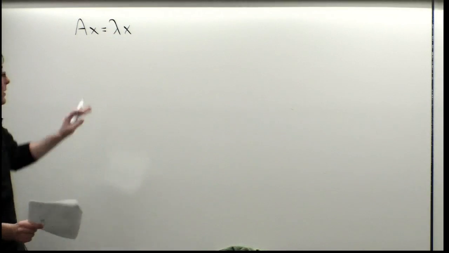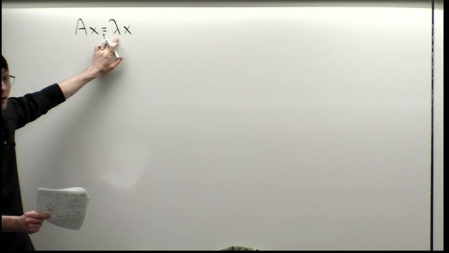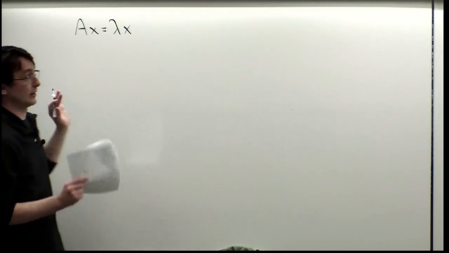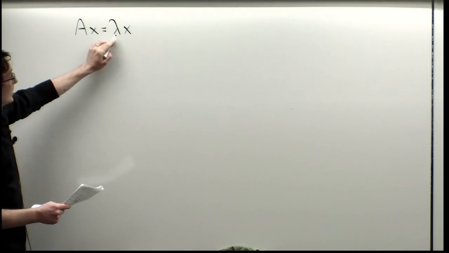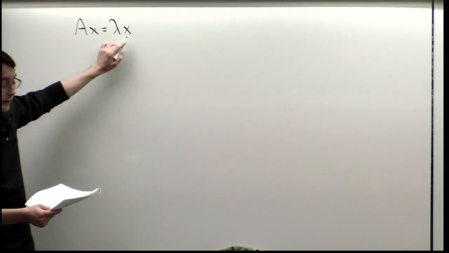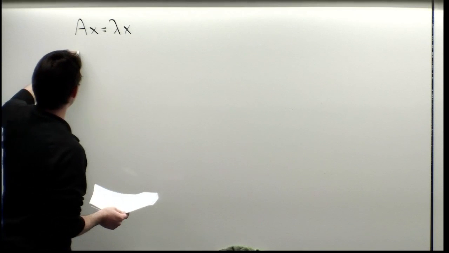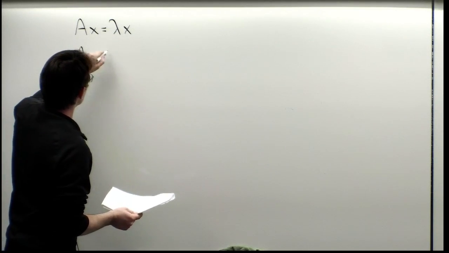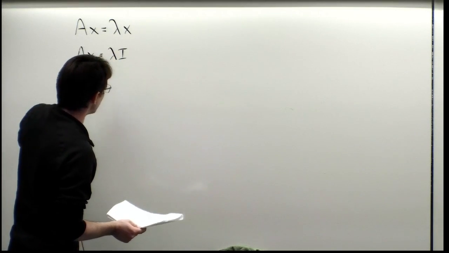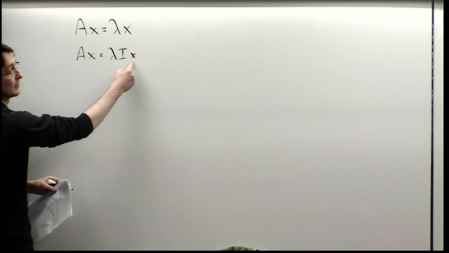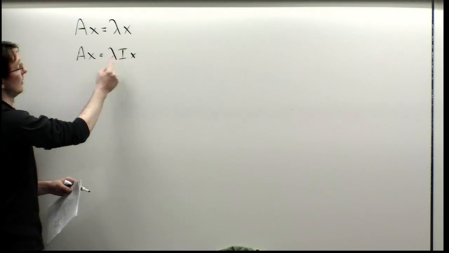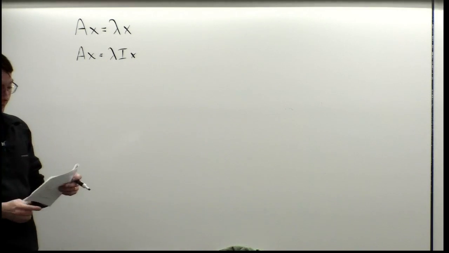We want to find numbers lambda and vectors x that satisfy this equation. Now, lambda, a number times a vector x, is the same as writing lambda times the identity matrix times the vector x, because the identity matrix times x is just x. So this is the same equation.